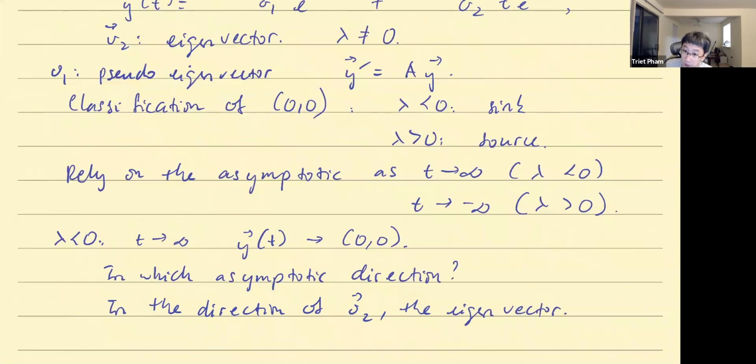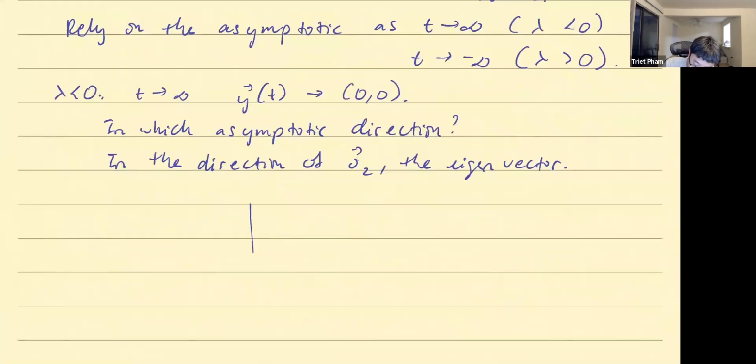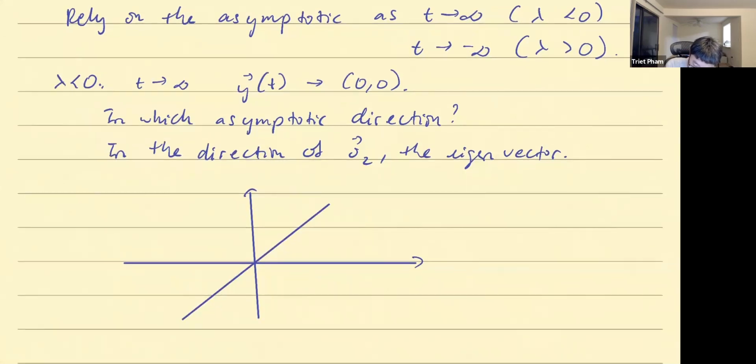Is that okay? So in other words, let's say you sketch this. And suppose this is your V2. So this is Y1, Y2, right? This is your V2.